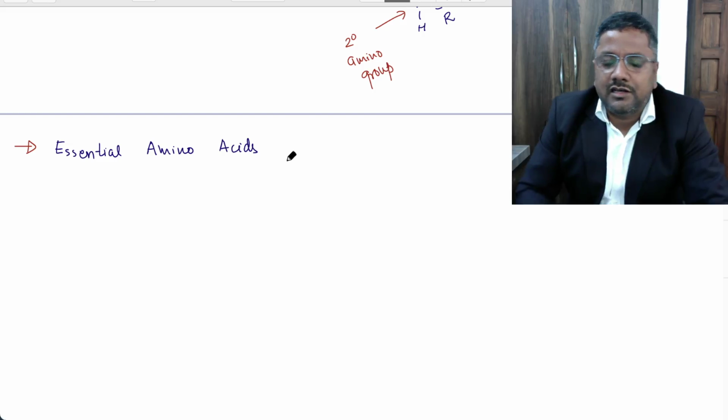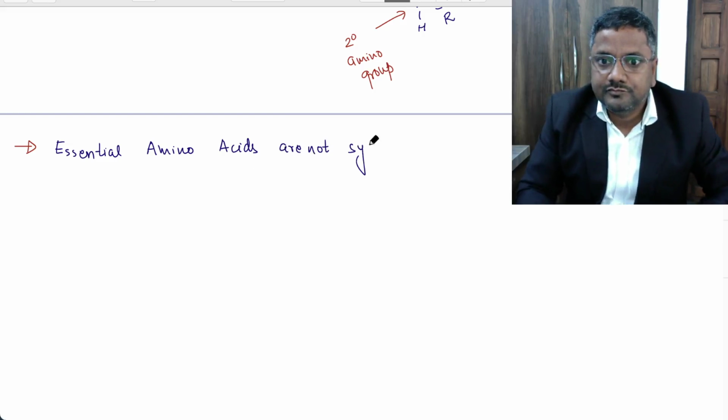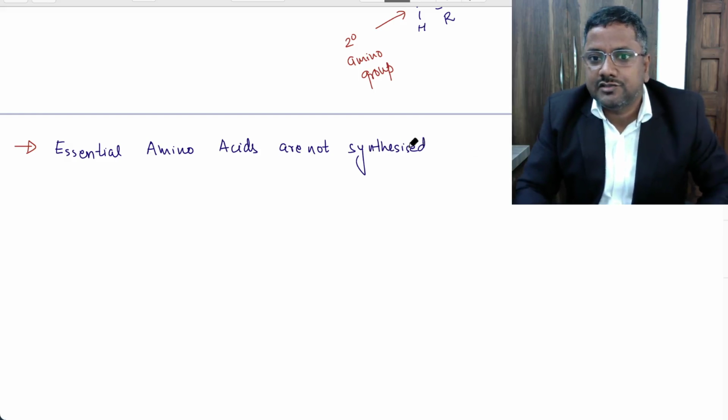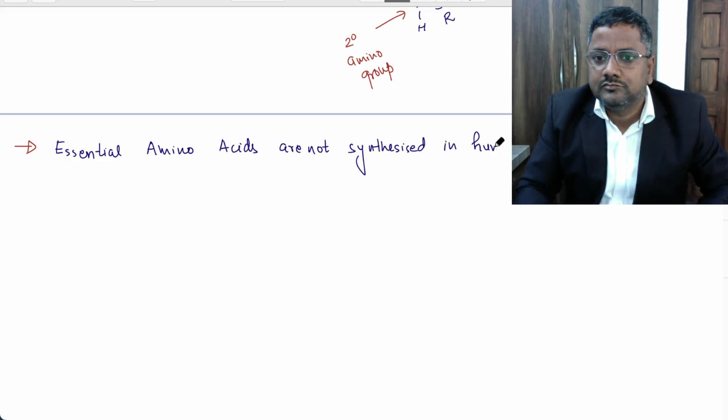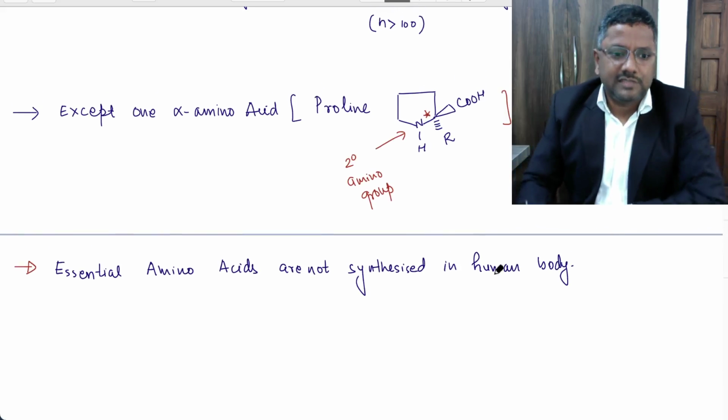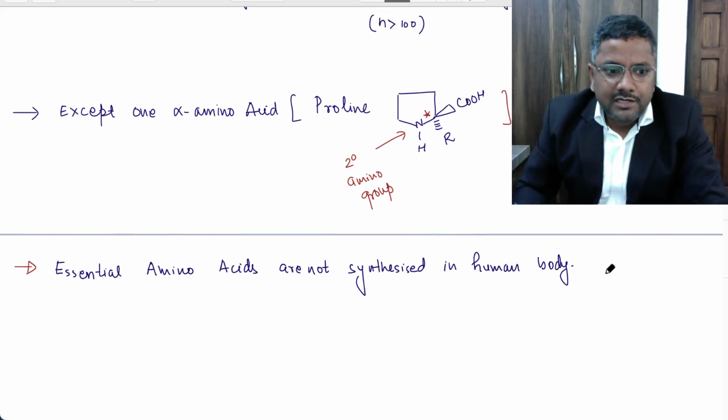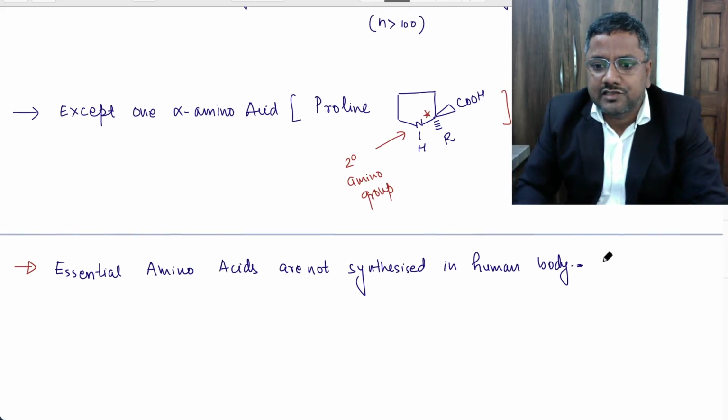So essential alpha amino acids are not synthesized in the human body, and there are a total of 9 such amino acids.